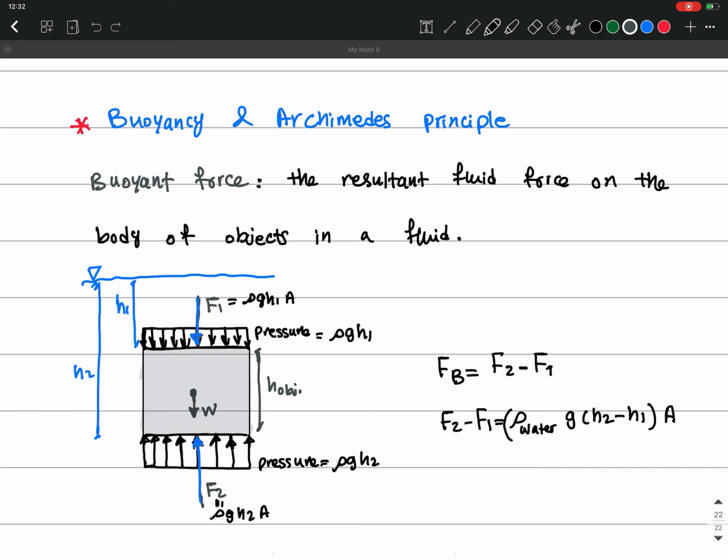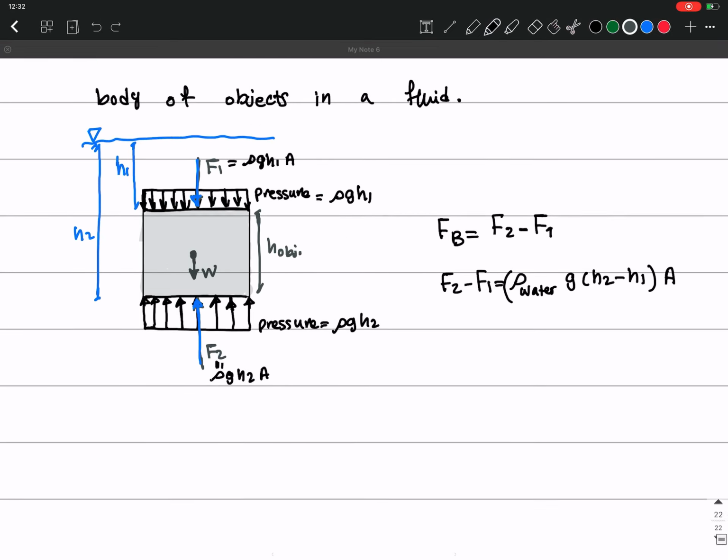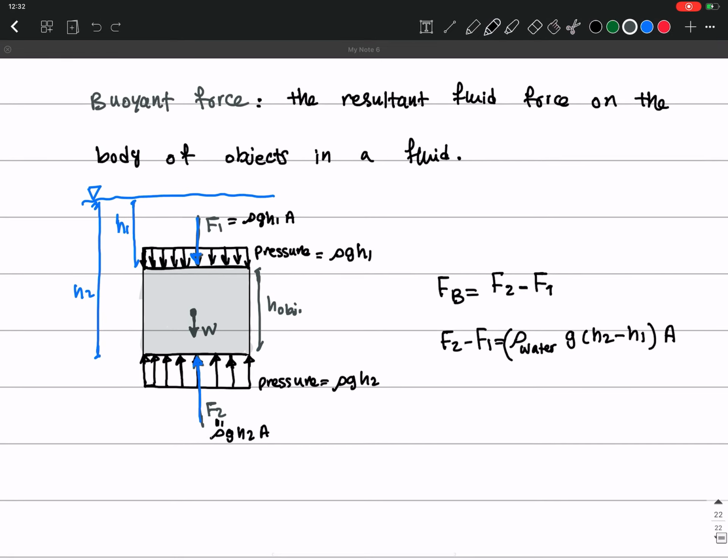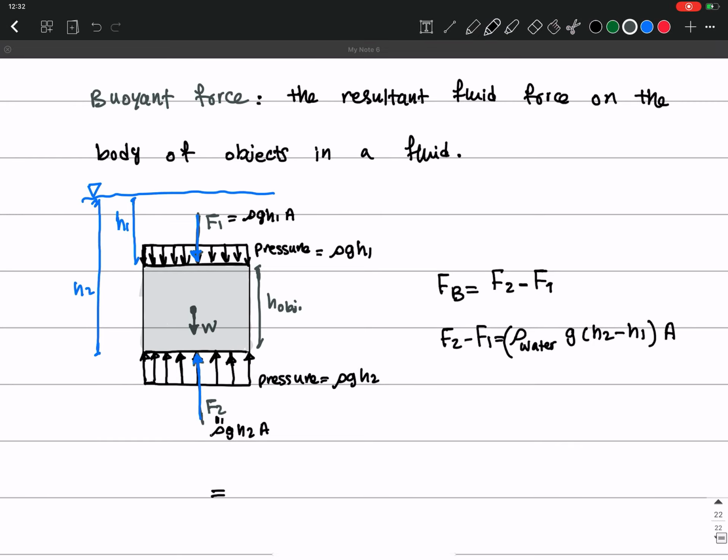And so I can show that F buoyant equals rho water g, and instead of h2 minus h1, I can write it as h object, right?